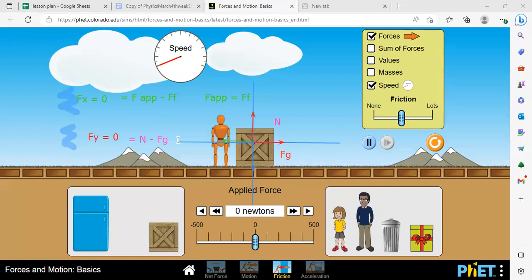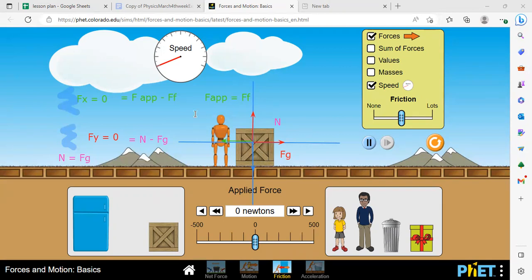Okay? And then dito sa y naman natin, we can set na normal force is equal to your weight. Okay?